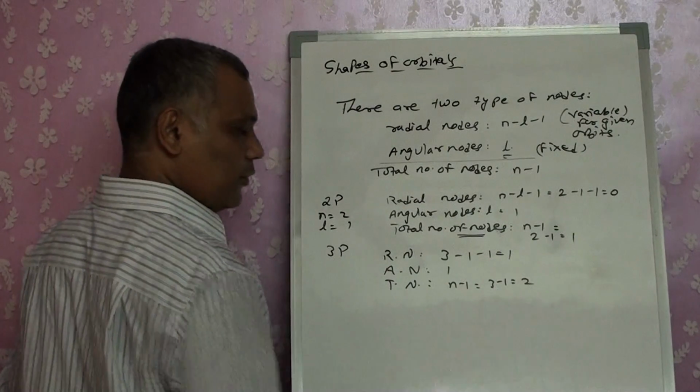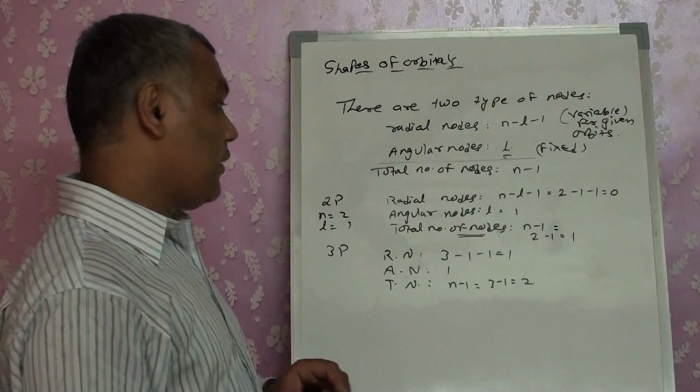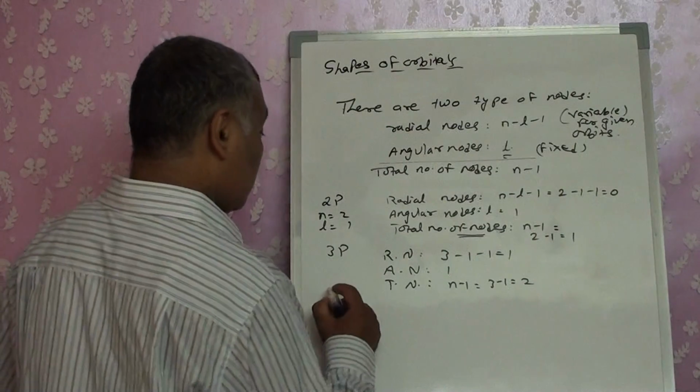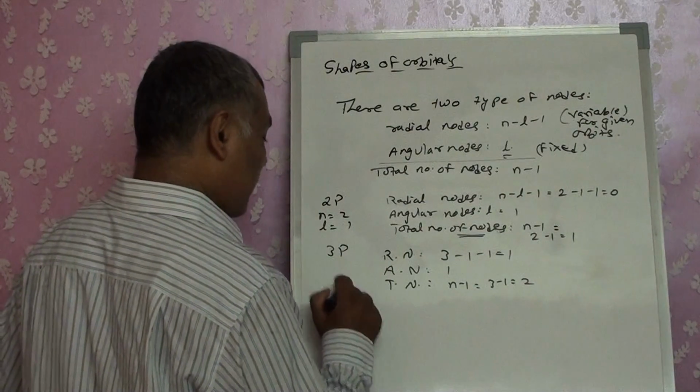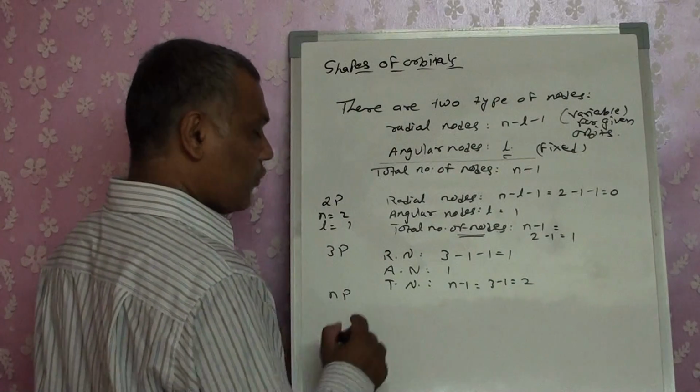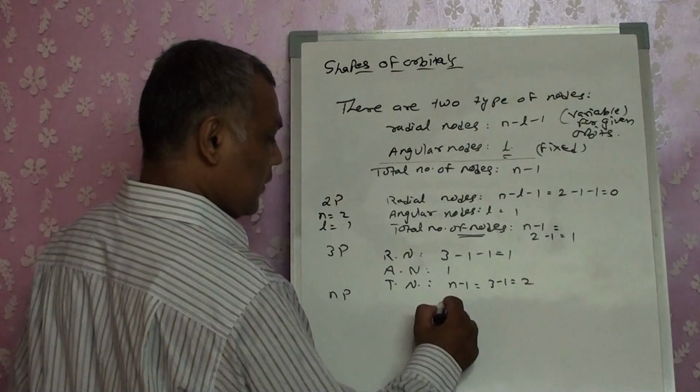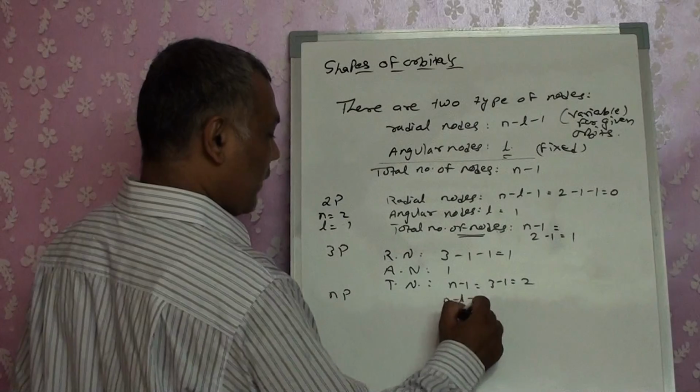1 plus 1, 2. So if anyone is asking me, what is the number of nodes present in NP orbitals? In that case, what will happen? For NP, radial nodes are n minus L minus 1.